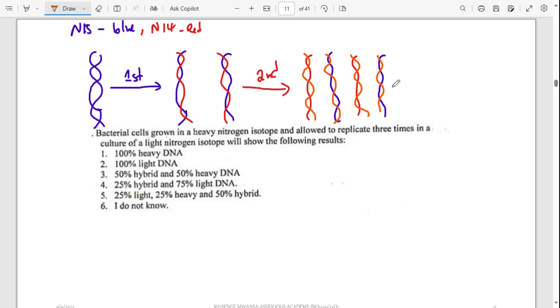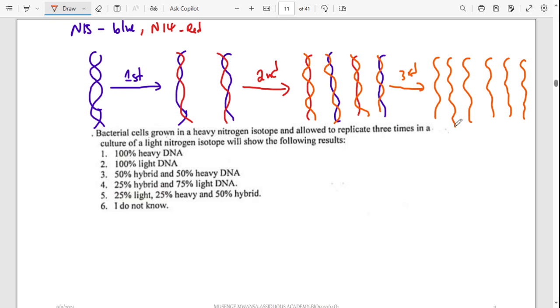And then after the third replication, what is going to happen? All these strands will separate. There are 1, 2, 3, 4, 5, 6, 7, 8. So 8 strands. Of the 8, 6 are red. So the 6 red, 1, 2, 3, 4, 5, 6.